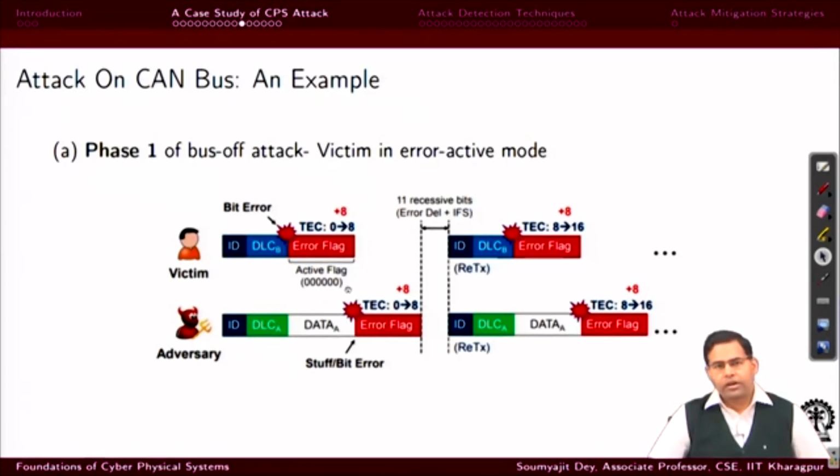Okay, and now due to this, if the adversary is doing any transmission, it will be ANDed with this sequence of zeros, and due to that it will also have an error flag, right, because now it is getting ANDed with the zeros that are here. So the adversary will now have a transmission error.